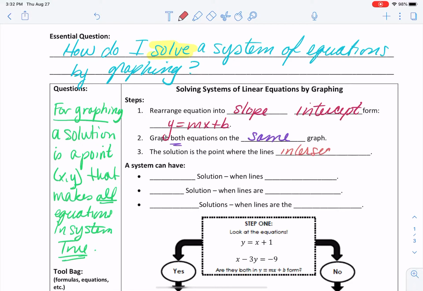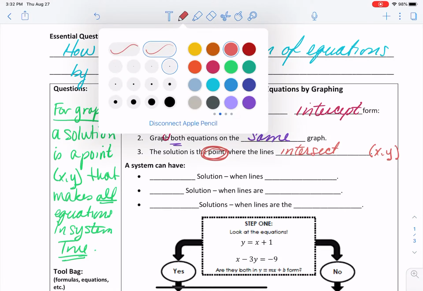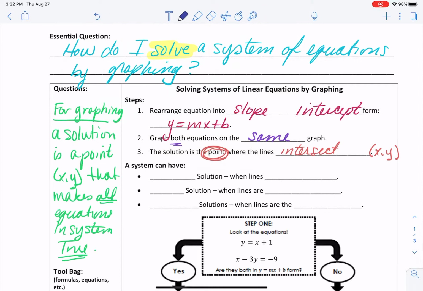Intersect. Remember that it is a point (x, y). A system can have one of three types of solutions. It can have one solution when lines intersect, so that's just one point.